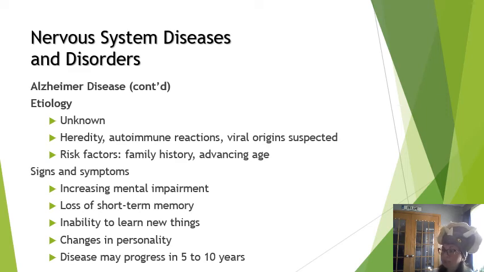There is increased mental impairment, loss of short-term memory, inability to learn new things. There's changes in the patient's personality too. The disease could take 5 to 10 years to really progress. It can get so debilitating that the body loses its ability to remember to eat or breathe correctly, causing secondary ailments in the suffering patient.